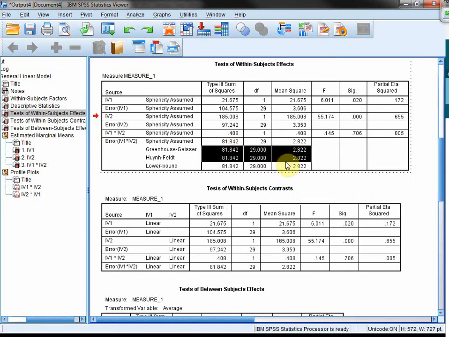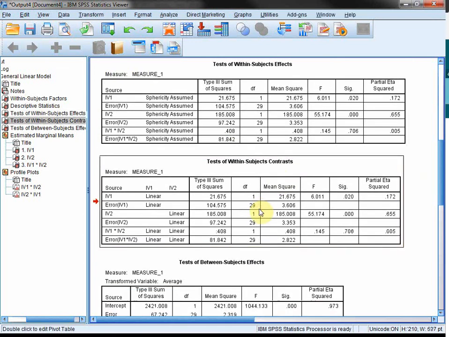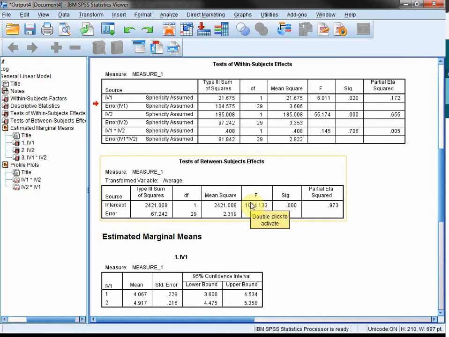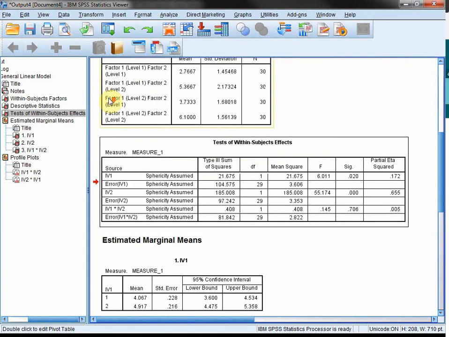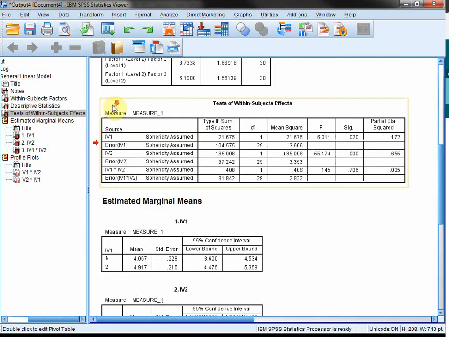As it's fully within, we only have within subjects effects, so we don't need the between subjects effects. We can delete that. So this is looking at the effect of IV1, and what we notice here is that it is significant. So we have a significant effect of IV1, so there is a difference between level 1 and level 2 of the first independent variable. We also can look across to our main effect of IV2, which also is significant in this case and shows a larger effect.